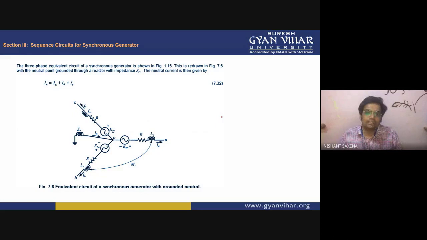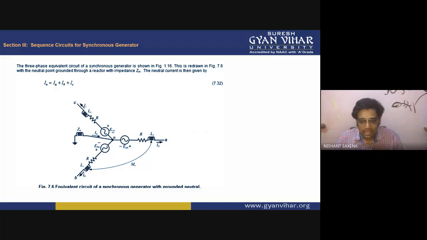Now let's see the sequence circuits for a synchronous generator. An equivalent circuit for a synchronous generator with a grounded neutral is given to you. In this, we can see that the neutral point is grounded through a reactor with an impedance of Zn. The neutral current is given by In equal to Ia plus Ib plus Ic.